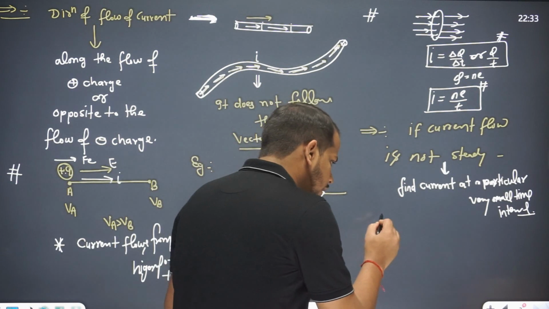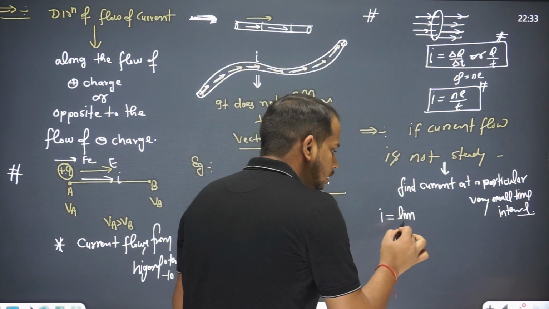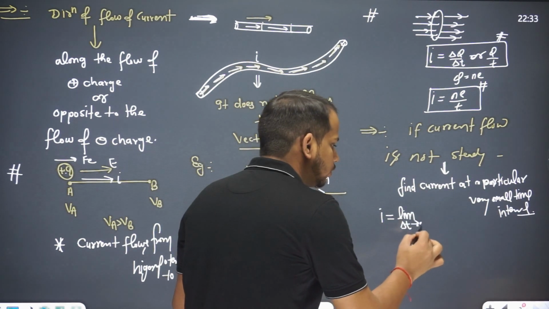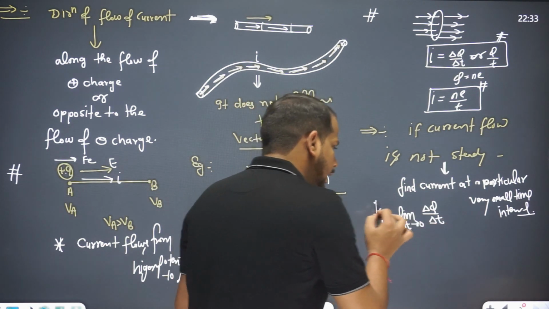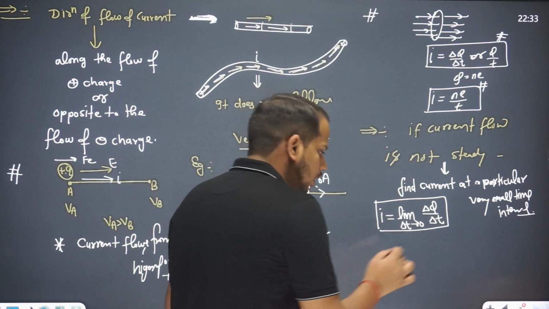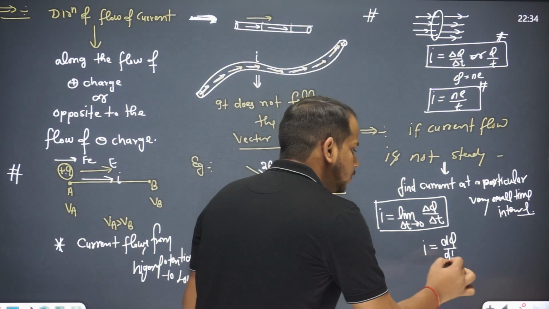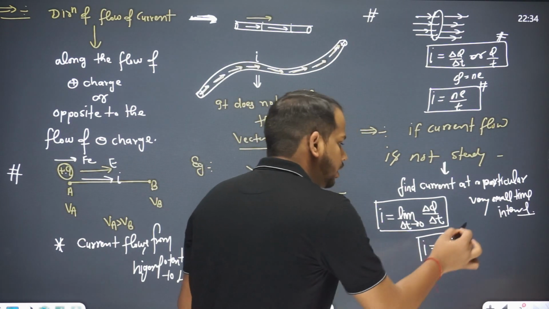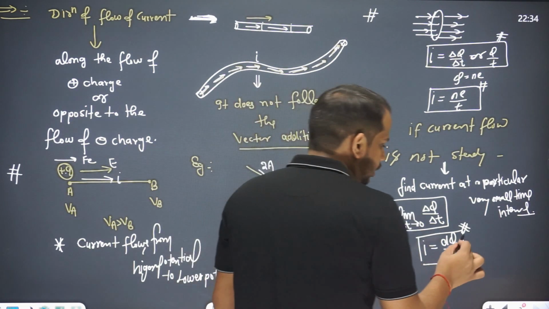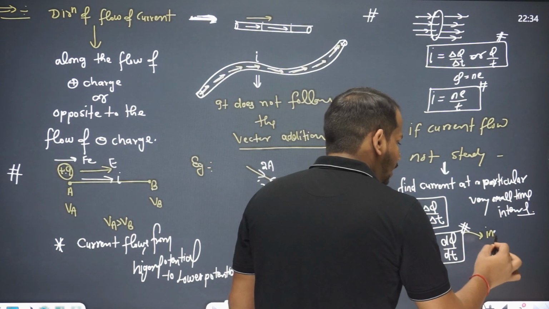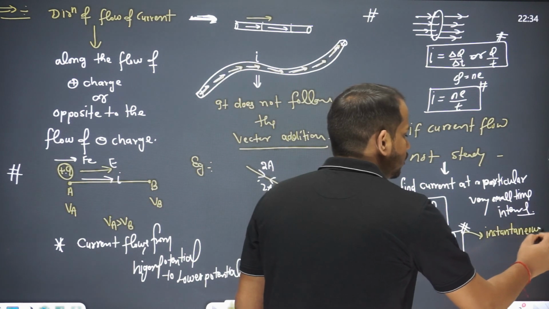So I is equal to the limit as delta t tends to 0 of delta q by delta t. If delta t, the time interval, is very small, then I is equal to dq by dt. If I is equal to dq by dt, then this is called instantaneous current.